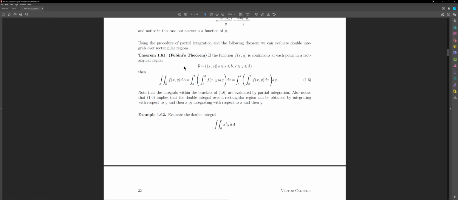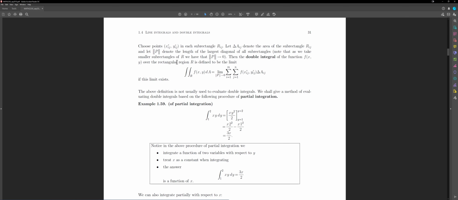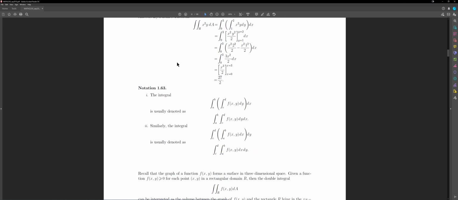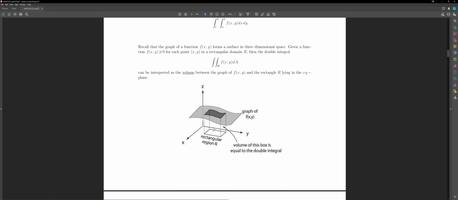So how we're going to do a double integral, at least for a rectangular region, is Fubini's theorem. This is if I want to integrate over a rectangular region R in the xy plane. By a rectangular region R in the xy plane, I mean a rectangular region like this over here in the xy plane.